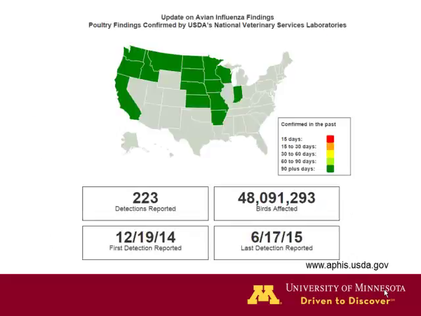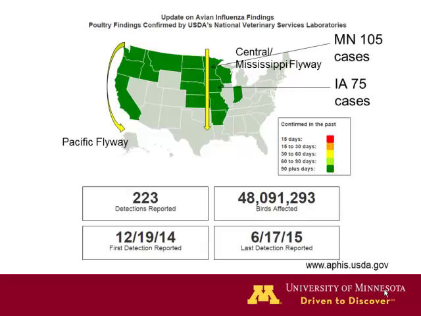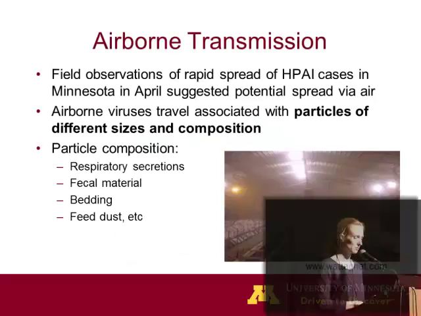What is described is that the outbreaks follow two main pathways or flyways, the Pacific Flyway here, and the most important one, the Central or Mississippi Flyway. Within this second flyway, the states of Minnesota and Iowa were the most severely affected: Minnesota with 105 cases, and Iowa with 75 cases.